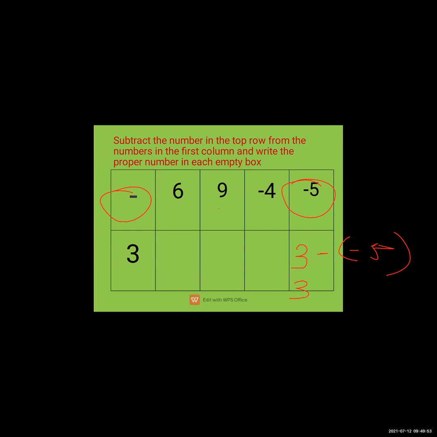Now minus minus equals plus, so we write plus 5. 3 plus 5 equals 8. So this is your answer. Now you have come to know how we have to solve it.